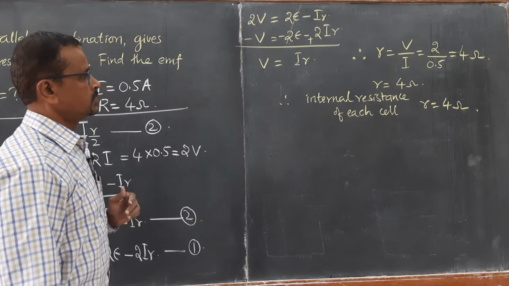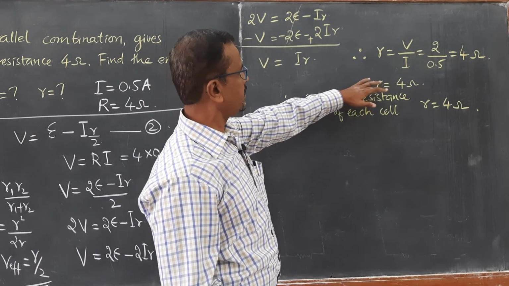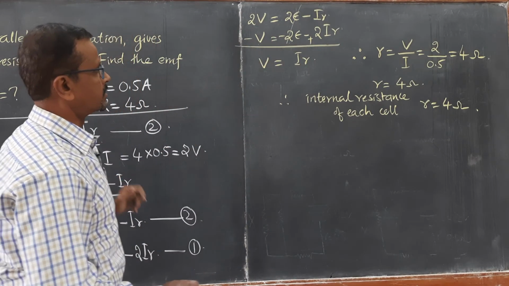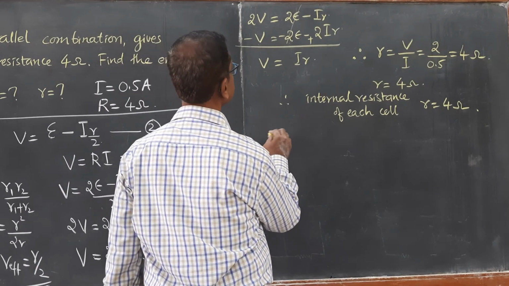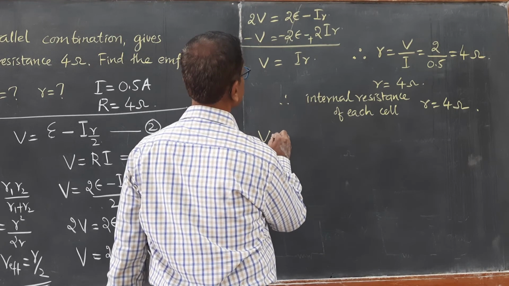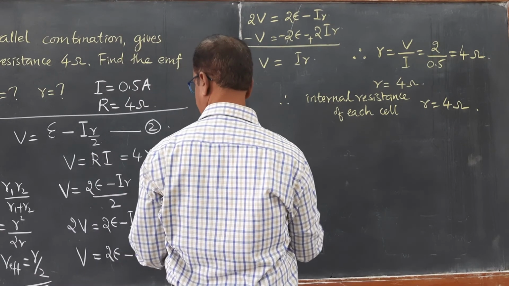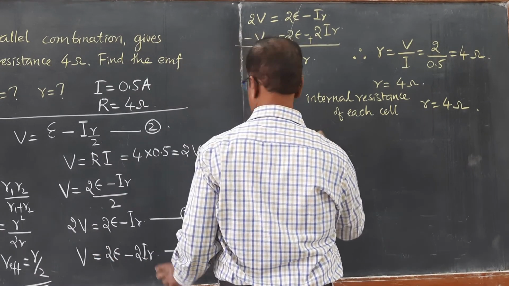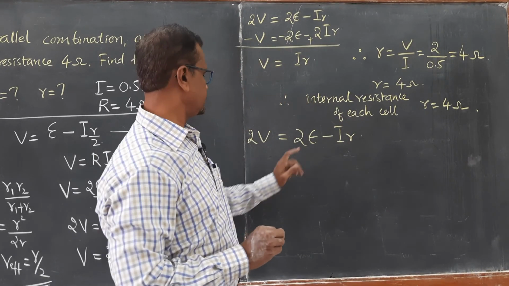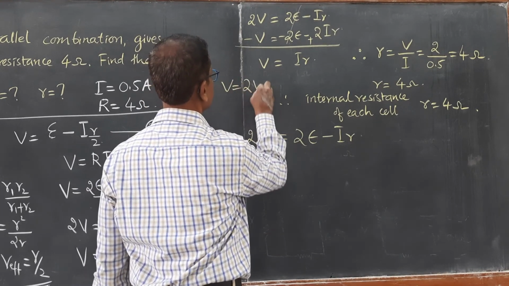Now, what is the EMF E? We can substitute the value of current and resistance in either of these equations. Let us say the second equation, 2V equal to 2E minus Ir, so that I can get the value of E. V is equal to 2 volt.